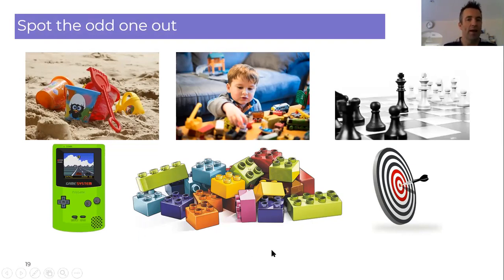That is a handheld game and that requires batteries. So that's electronic. It requires batteries to power it to work. The spades or the trains or the chess game or the Lego or the darts here, they are non-electronic. So they do not need batteries or an electric cable, electric plug for them to work.